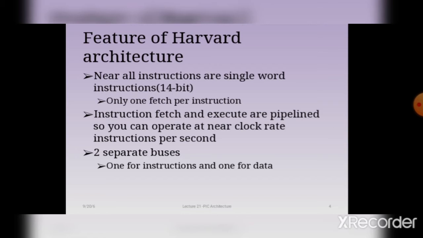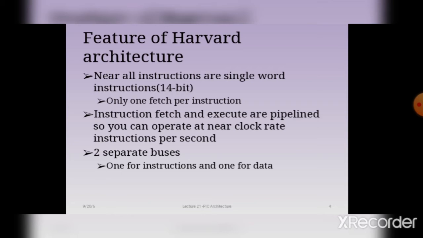In the PIC family, almost every instruction is of the same size, that is 14 bit, which means each instruction can be fetched in a single clock cycle, or single fetch, which will definitely increase your throughput and decrease the execution time as well.